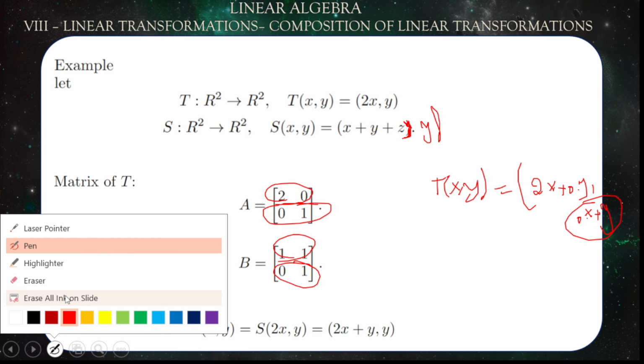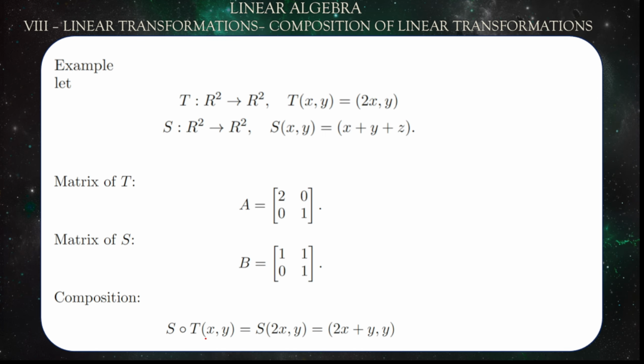Okay, what is the composition? Let us find the mapping of S over T, so (S∘T)(x, y) is given by S(2x, y). This is what S∘T or S of T is. So you replace x by 2x and y by y. So we are mapping T into S, which is given by S(x, y), which gives you, again here, I think, yeah, there is no z, you have x plus y and y.